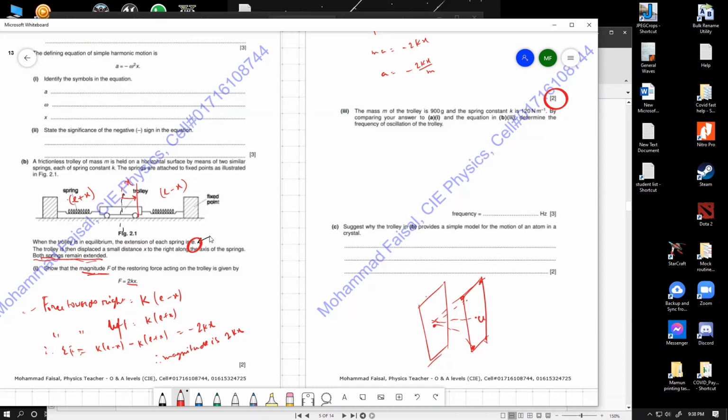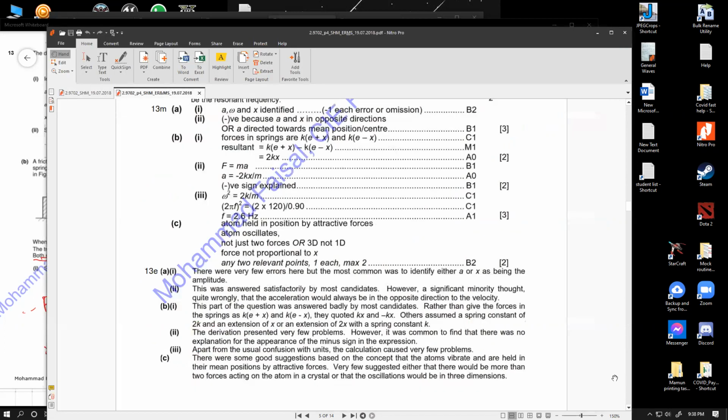Whenever they vibrate or move away from the equilibrium position, they experience increasing force as they move further away from the equilibrium and towards the equilibrium. So I'm going to write both of these parts individually. The force experienced would be more as they move further away from the equilibrium position, and the force would always be aiming towards the equilibrium position. These are the two properties I'm going to highlight in my answer, but I'm not sure what the examiners' mark scheme has for us.